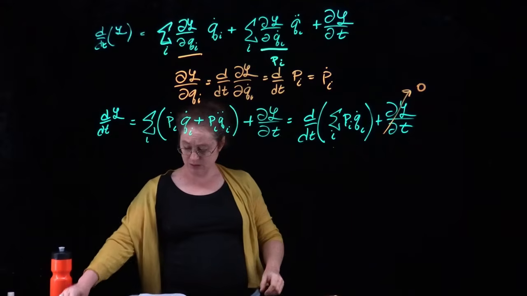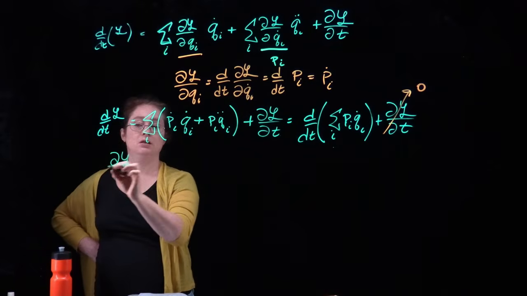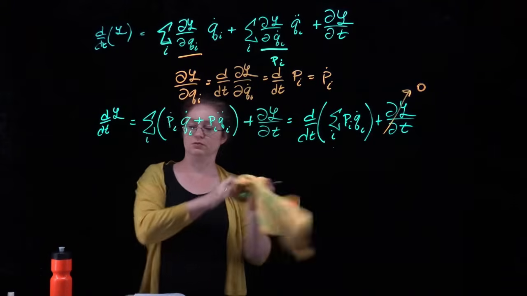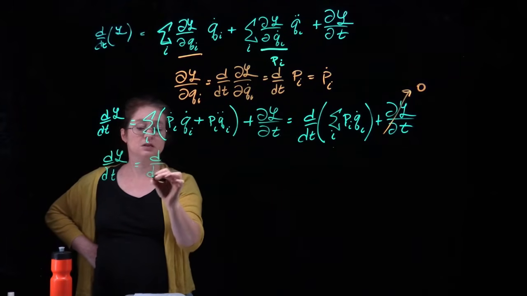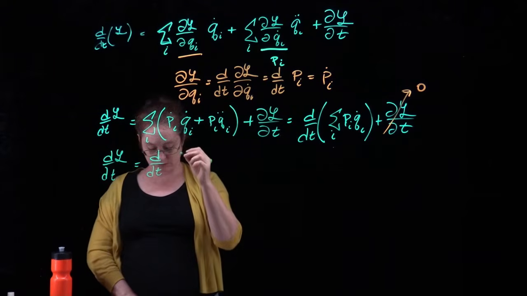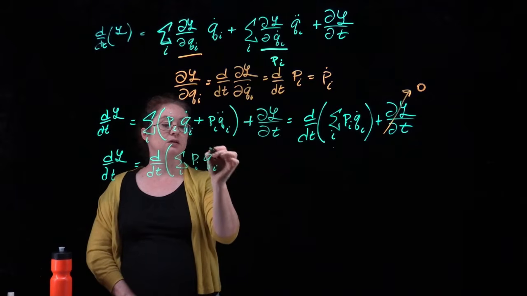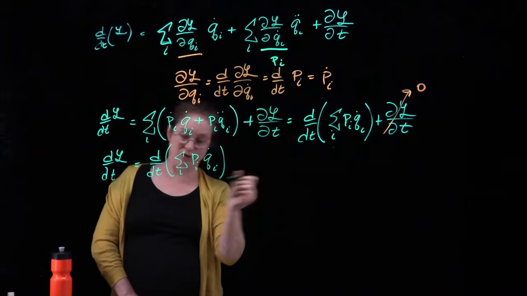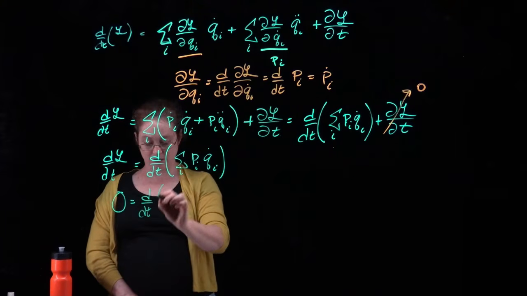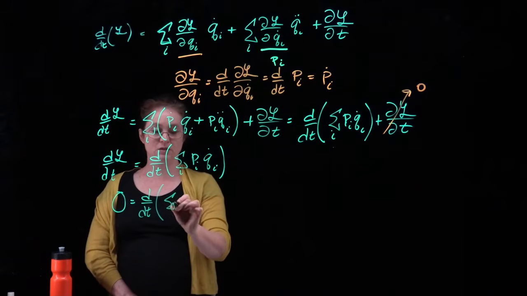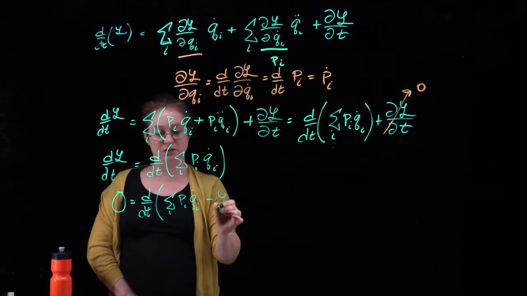And we can write that the full derivative, d dt of the Lagrangian, is equal to d dt of the sum over i of pi qi dot, and we can put this over on the same side and say 0 equals d dt of the sum over i of pi qi dot minus the Lagrangian.